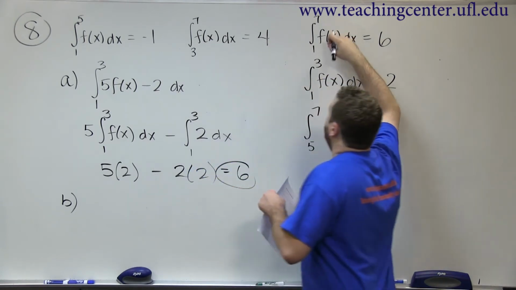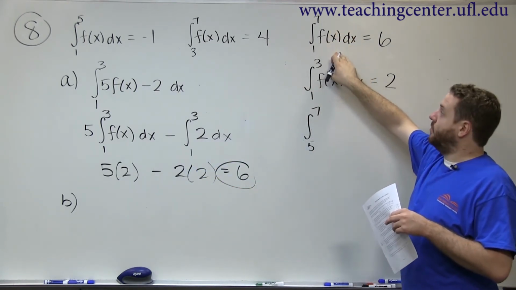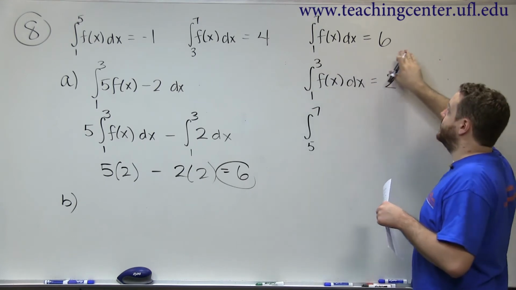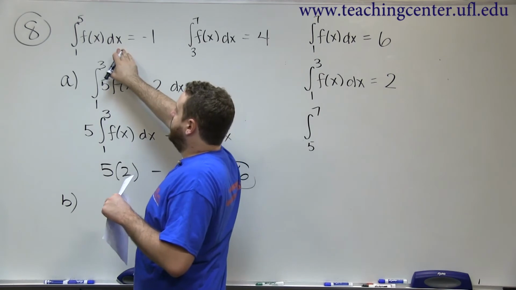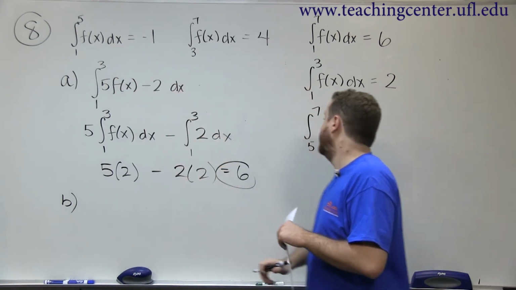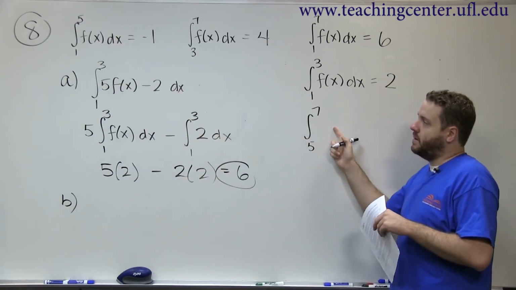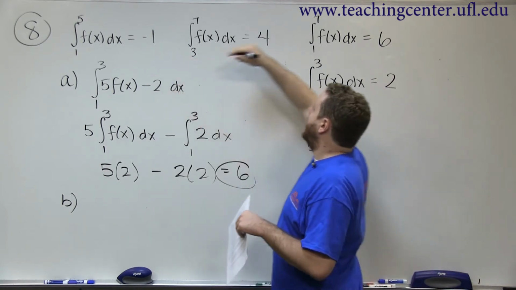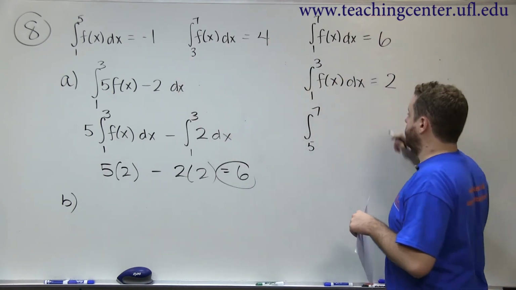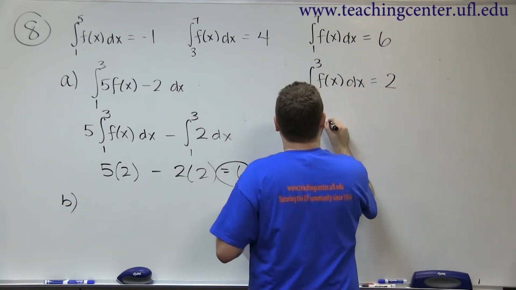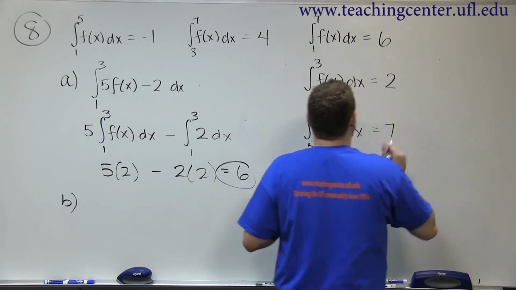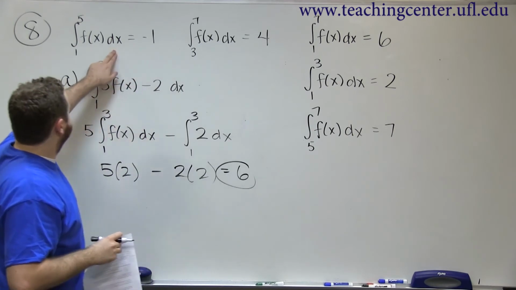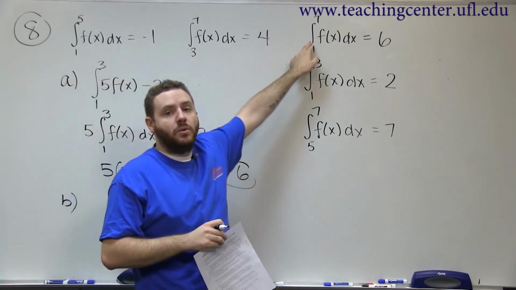Again, we know that the entire interval from 1 to 7, if we take the area under that, we get 6. The 1 to 5 part by itself is -1, which means that the 5 to 7 part added to -1 has to give us the whole thing. So the integral of f of x dx from 5 to 7 would have to equal 7, because 7 plus -1 would give us the total of 6.